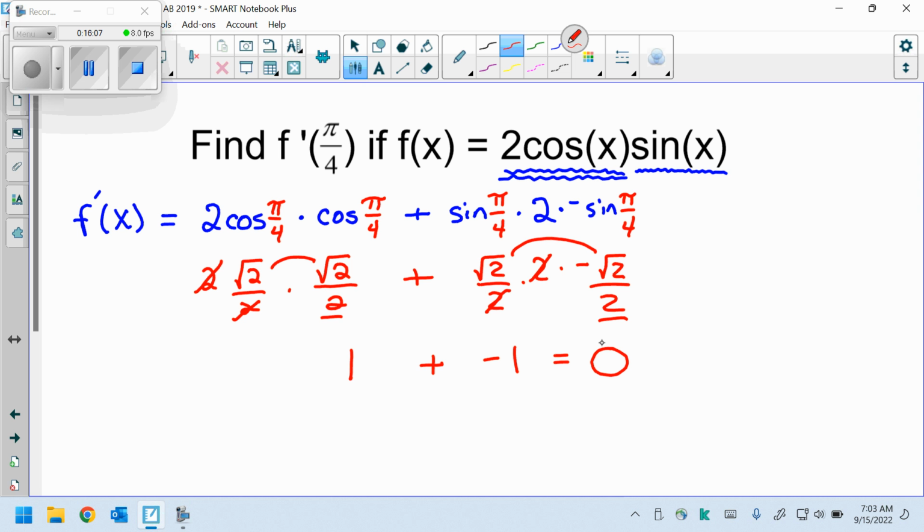I think I'm going to find that the slope of this function at pi over 4 is going to be 0. I'm going to graph it on my calculator and double check. But that's how we could use product rule in order to find the derivative of a function involving trig.